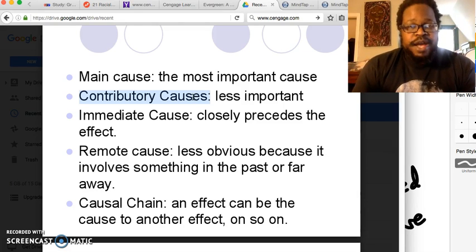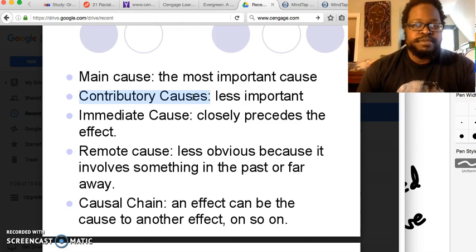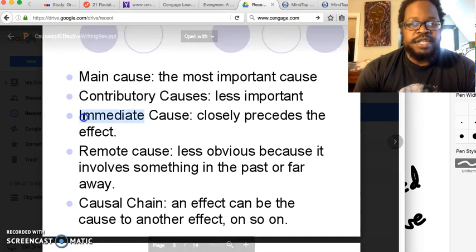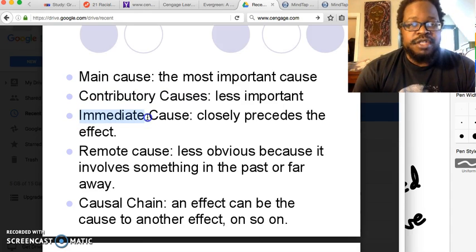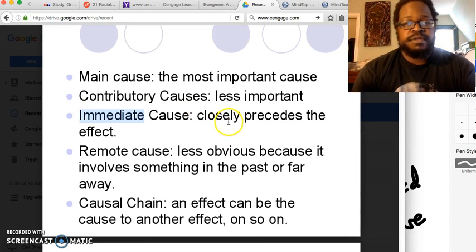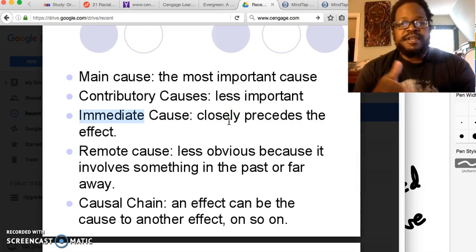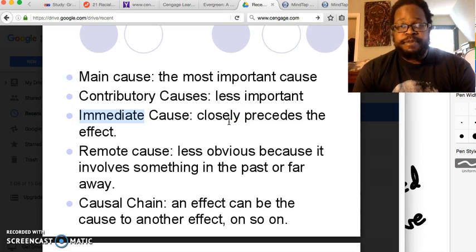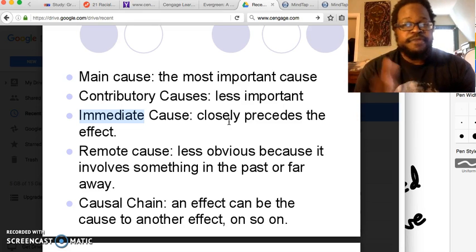They're categorized by their proximity to the event, how close they were to the event. And when we think about those kinds of things, those have slightly different designations. Immediate causes are causes that happen like right before the event happened. Right before the event happened.